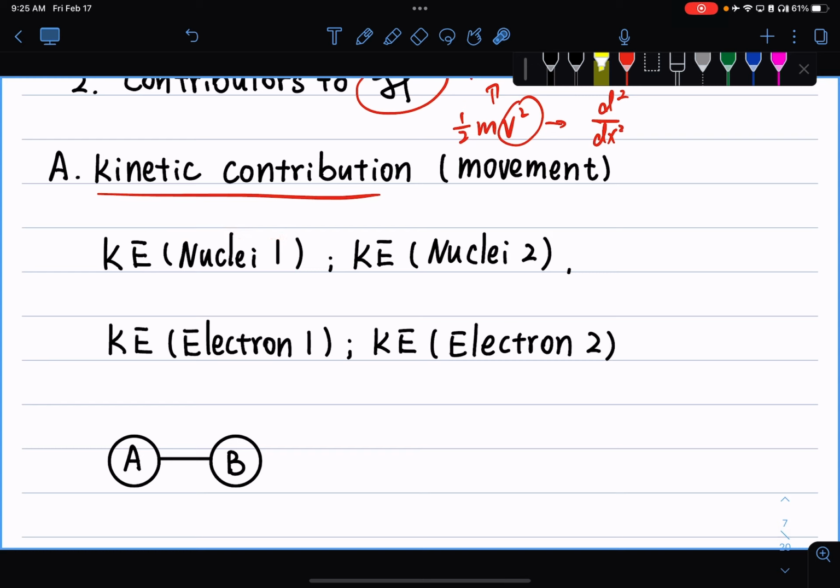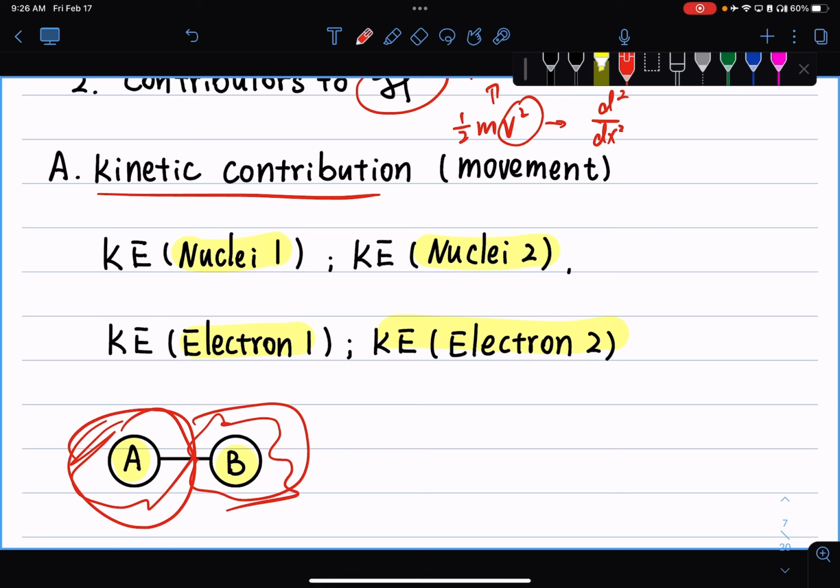Then you have the kinetic energy of nuclei A, the kinetic energy of nuclei B, and also kinetic energy of some electron 1 surrounding A, and the kinetic energy of some electron surrounding B. Right, so each of these kinetic terms is a second order differential equation. That's the kinetic part. We haven't talked about the potential part yet, so we already have 4 terms here.